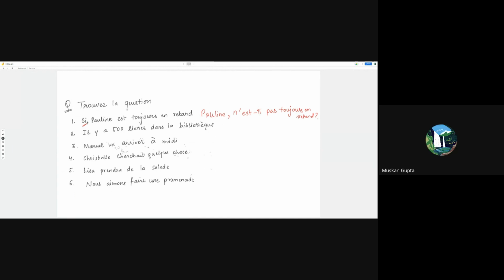Next, Elias a son livre dans la bibliothèque. Combien de livres dans la bibliothèque? No, combien de livres y a-t-il dans la bibliothèque? Okay. Manuel va arriver à midi. Quand arrive Manuel? Quand Manuel va arriver. Okay.